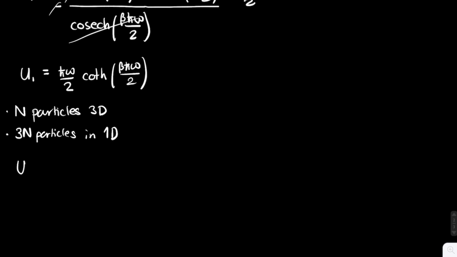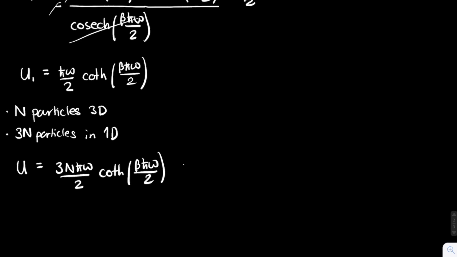So what is the total internal energy for all the particles? Well, we're simply going to multiply this term by 3N. So we get 3N ħω/2 times coth(βħω/2).